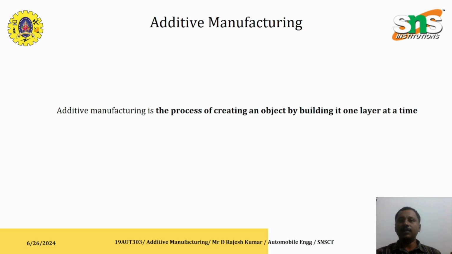They build the object layer by layer. This is a modern technology, and using this technology, the product can be manufactured without any removal of material. That is the main concept of this manufacturing technique.